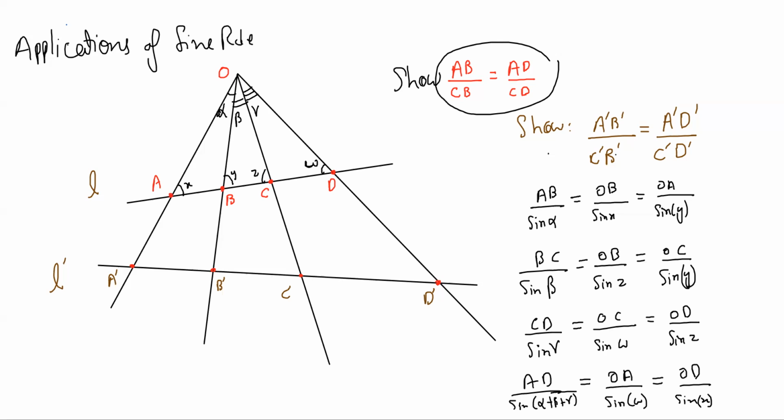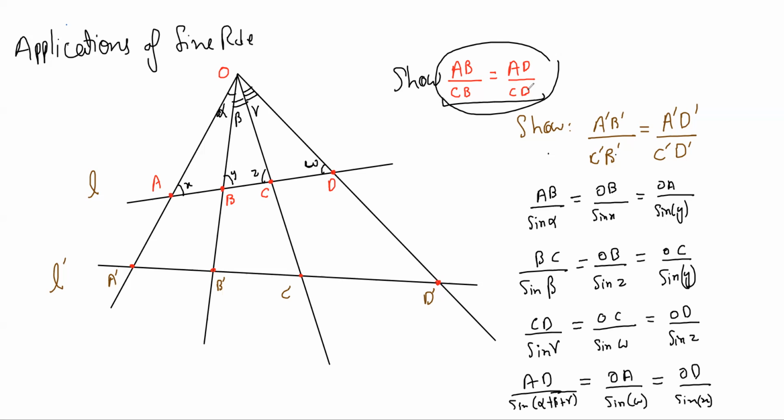What should we do now? We have to use that condition, right? AB by BC is equal to AD by CD. Finally, we want to understand this in terms of alpha, beta, and gamma.